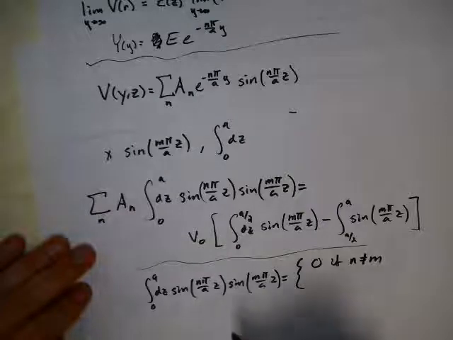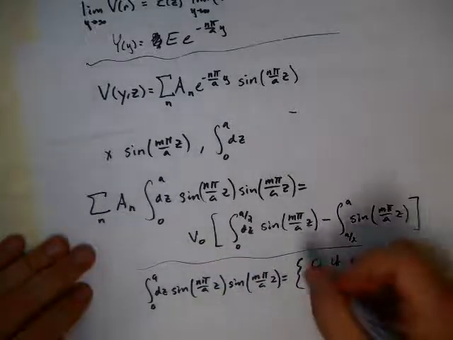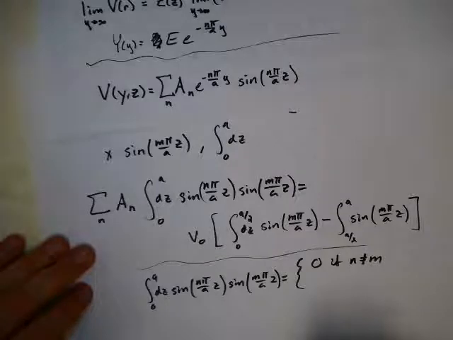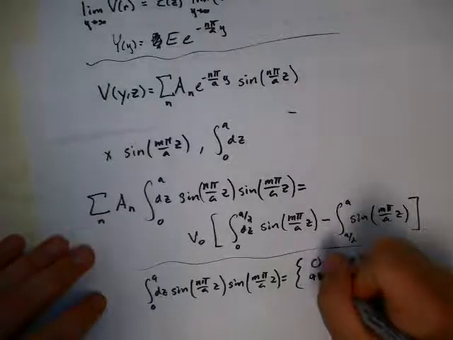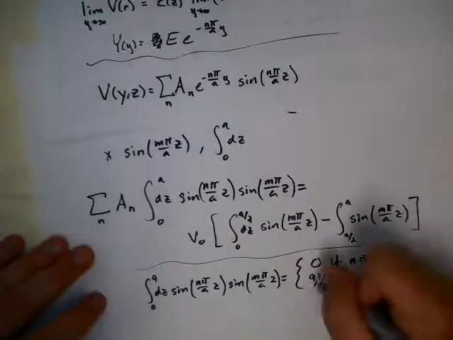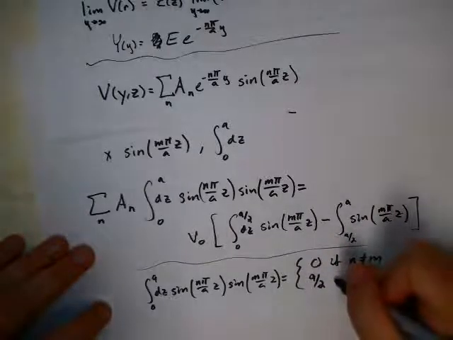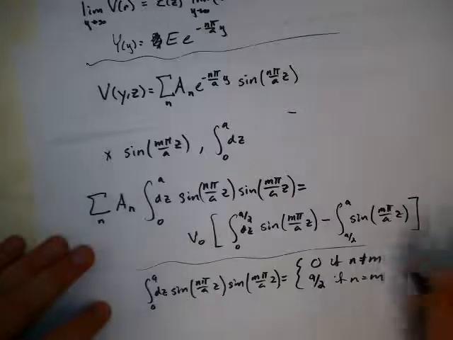The integral of sine squared is half whatever range you're integrating over, as long as you integrate over some half integer of the period. And so this is a over 2, since our range is 0 to a, if n equals m.